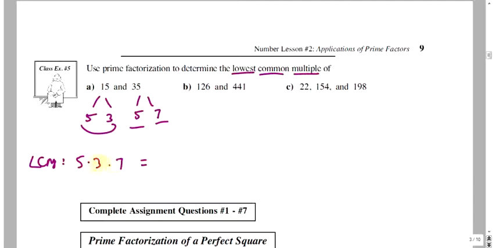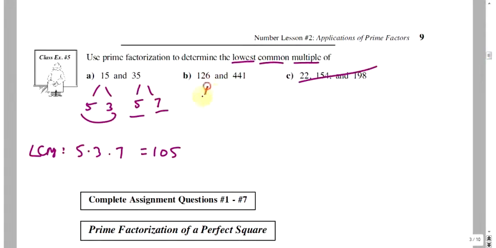Okay? And what's 21 times 5? Or 15 times 7? 105. Again, that's the smallest number that these both go into. Okay? We all confused? Sorry, but hey, got to do both of these today. Okay?